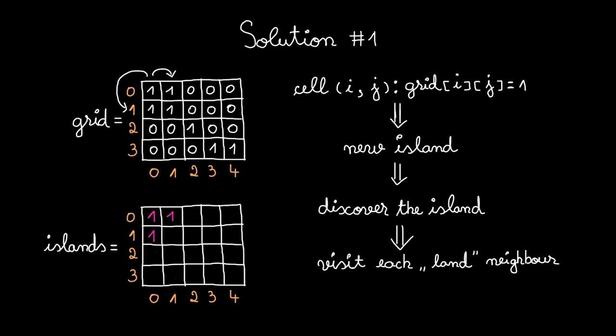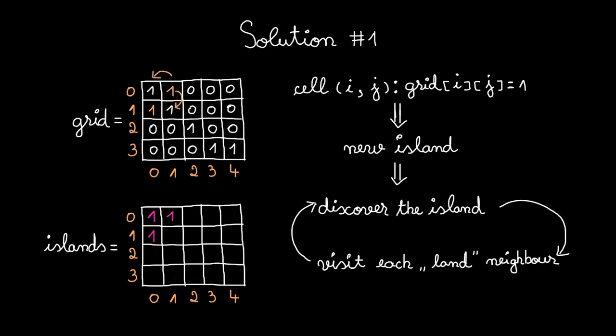Notice there is one more cell in this island which we haven't visited yet, but there could have been many more. So we should continue discovering the island, but this time we will visit the neighbors of the newly found cells. Let's start with the cell on row 0 and column 1 and visit each of its land neighbors.